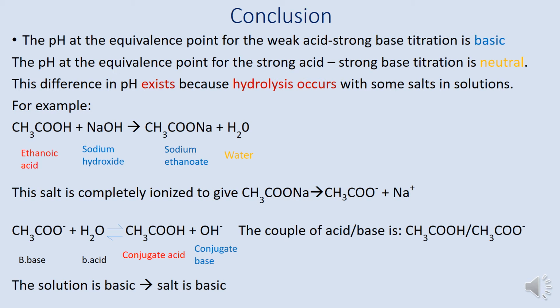This salt is CH3COONa. Its name is sodium ethanoate, plus H2O, which is water. Now, what about this salt? This salt is completely ionized to give CH3COO- plus Na+. So these are the ions that will be present at the equivalence point.